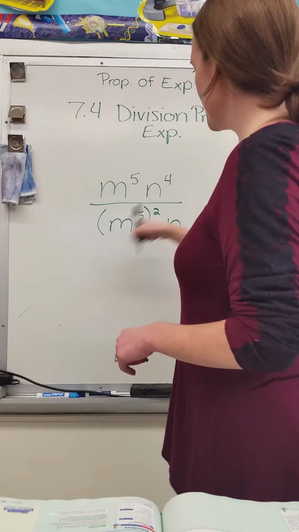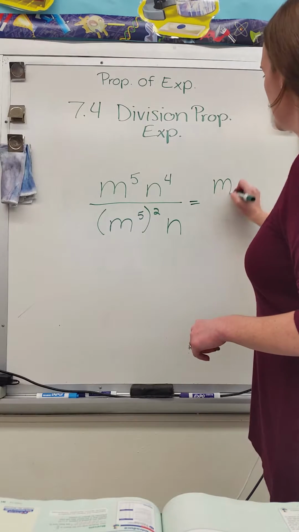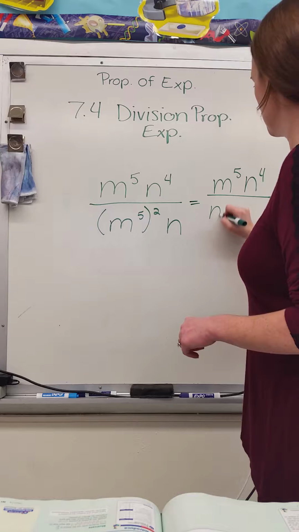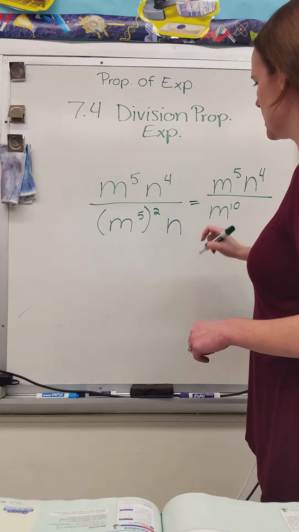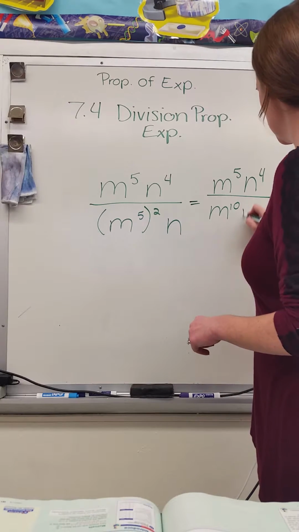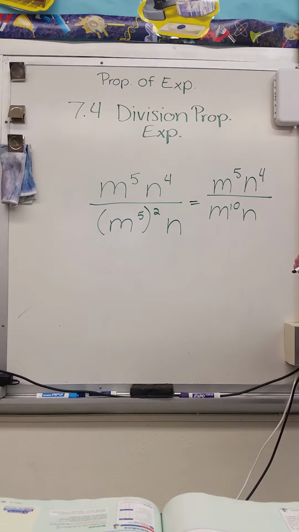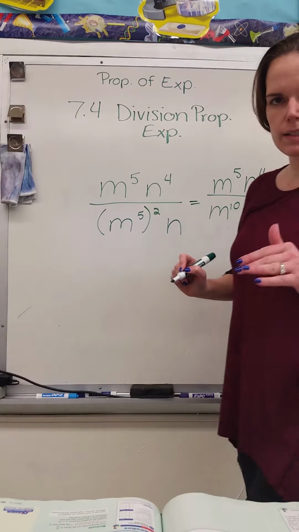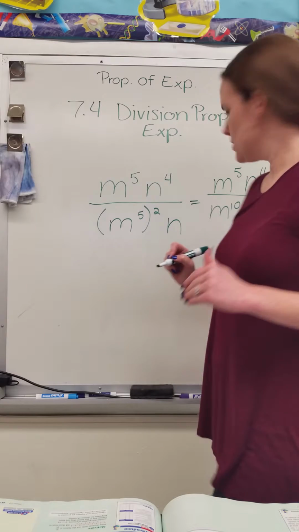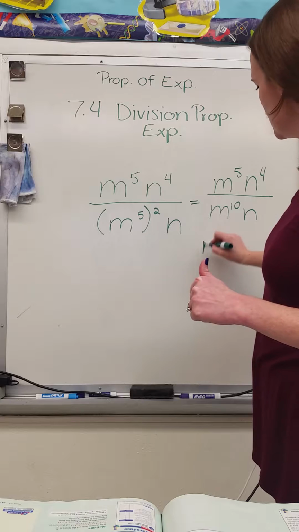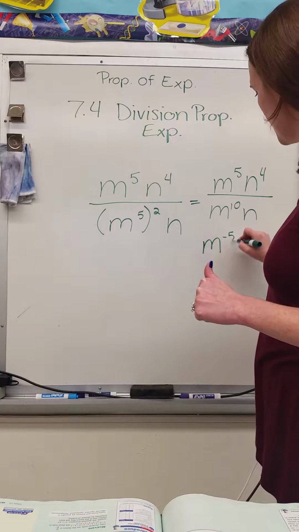So I'm going to go ahead and rewrite that. I have m to the 5th, n to the 4th. That would be m to the 10th, and this would be just an n. So when I subtract, what I'm really getting here, m to the 5th minus m to the 10th, is going to be m to the negative 5.